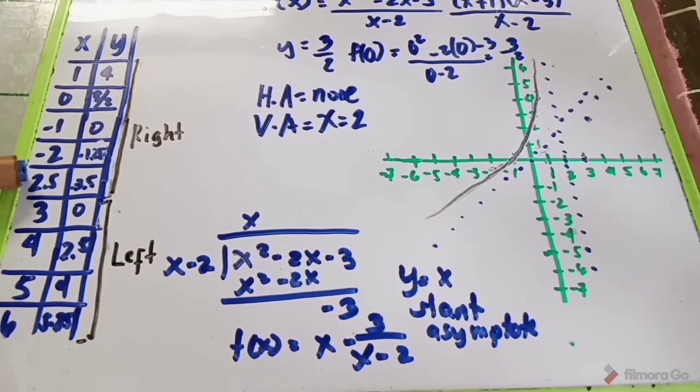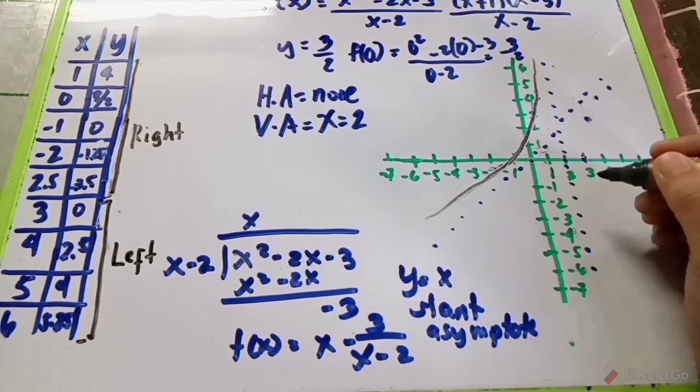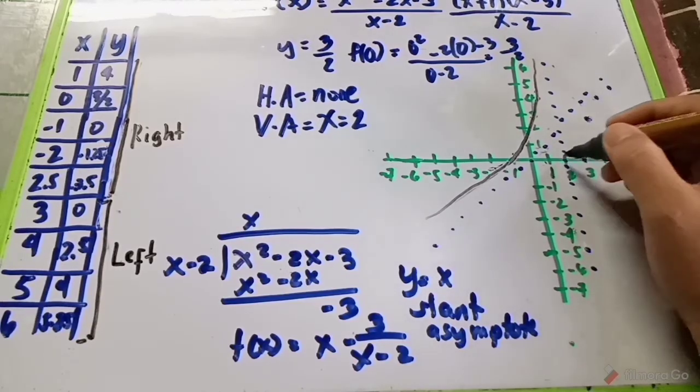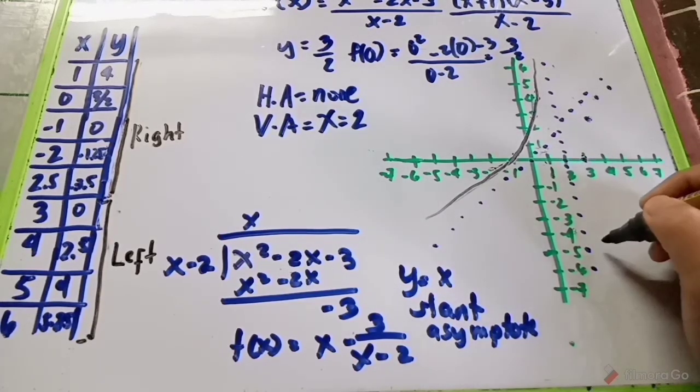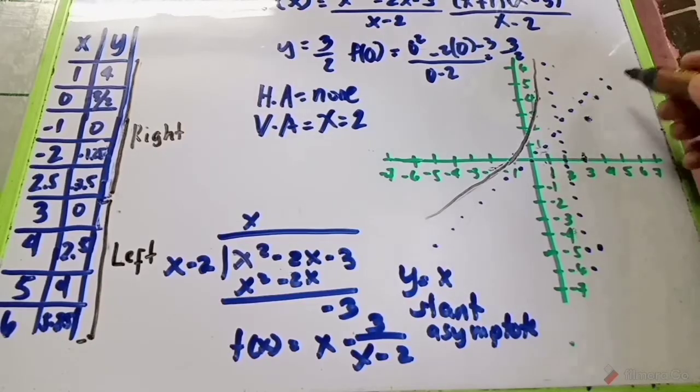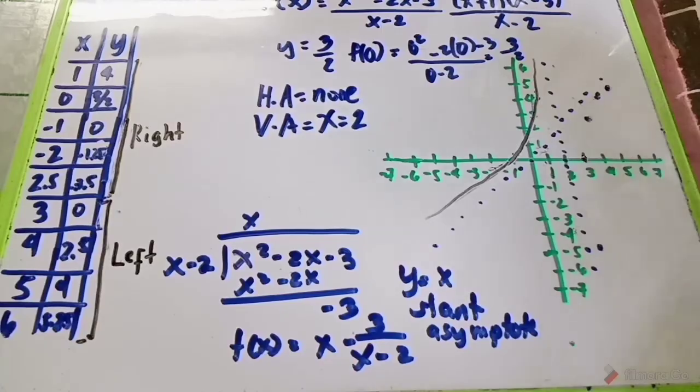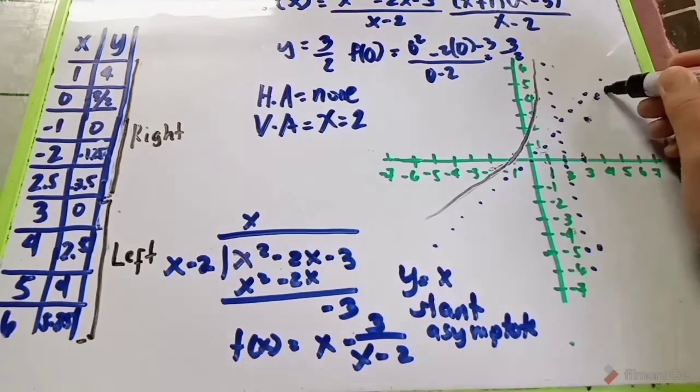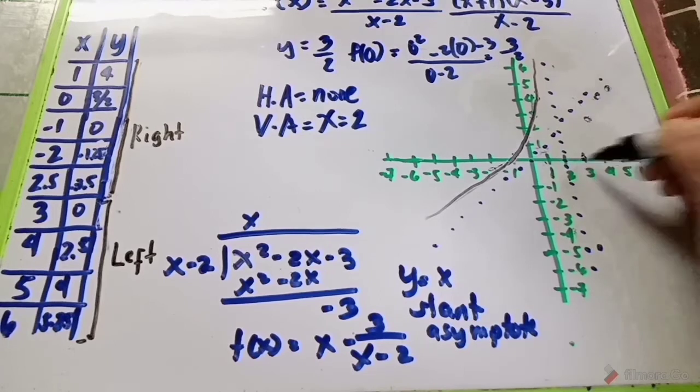So we have the 2.5 here, and then 3.5. Where is 2.5? Somewhere here, and then 5. So let's follow the graph. Take note, guys. So we have this one, this one, this one, this one.